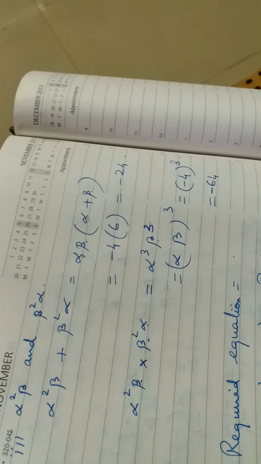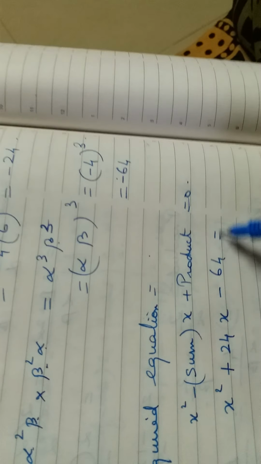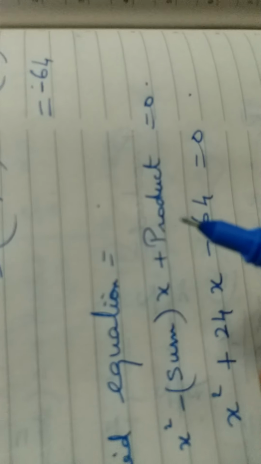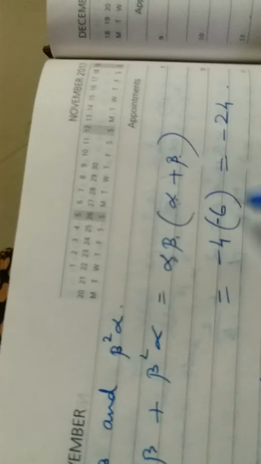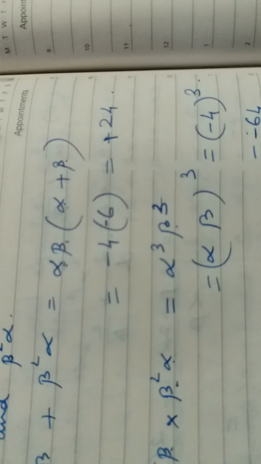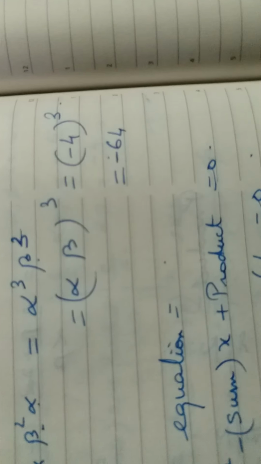So x square minus 24x, minus 64 is equal to 0. So this is your required equation.